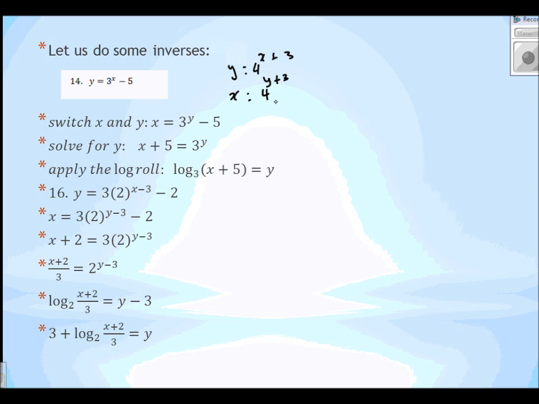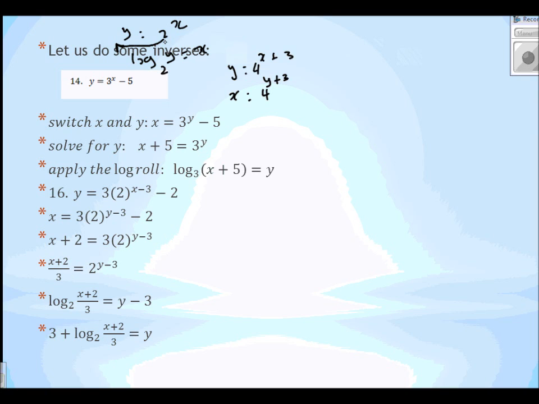For that, y is in the exponent. To bring it down, we have to apply the log rule. So 4 is going as a base. This is what is called the log rule. If I have a function like y equals 2 to the x, to find the logarithm of it, we roll this 2 to the base of the log. So all we do is say log y to the base 2 equal to x.